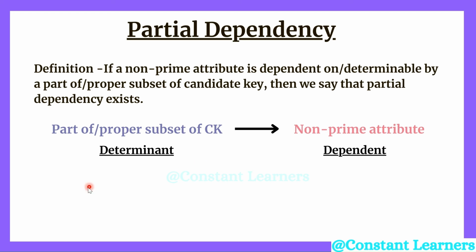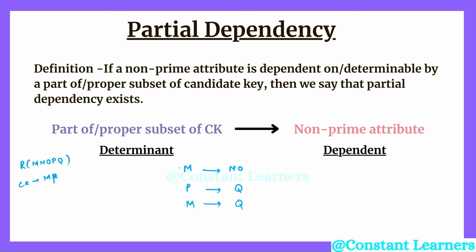Let's take another quick example to be sure of what partial dependency is. Let's say we have a relation M, N, O, P, Q, right? And the candidate key here is MP, right? Now let's say M determines NO, or P determines Q, or M determines Q, right?